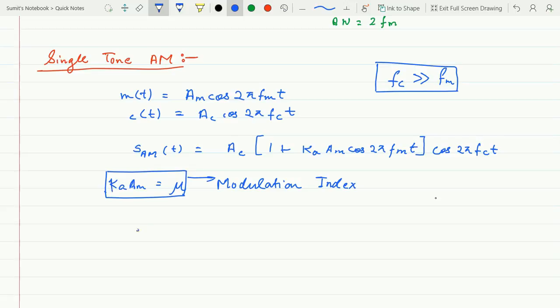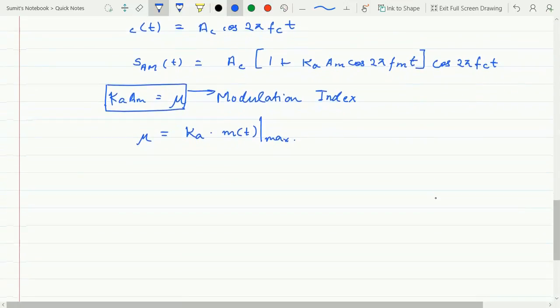So I can also write mu as ka into the maximum value of m(t). In this case it's Am, so your modulation index becomes ka Am. Whenever it is specified as a value, that would be called the modulation index.